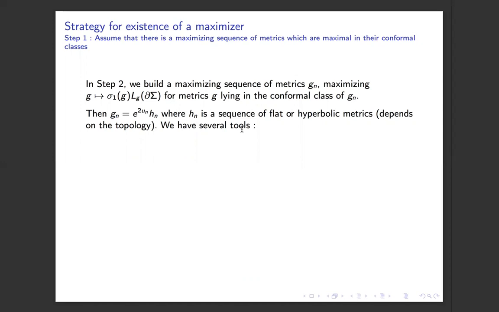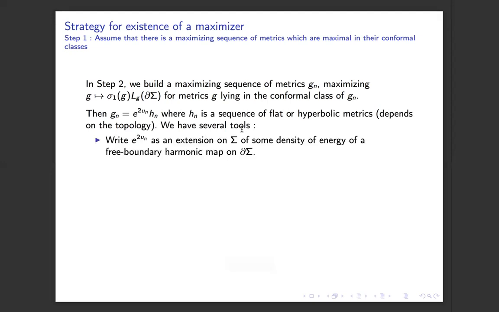And we have several tools when we have this kind of sequence. First, we notice that since the sequence of metrics are maximal for the conformal constraint problem, then you have a sequence of free boundary harmonic maps associated to the first Steklov eigenvalue. Therefore, e to the 2un is connected to the map, the free boundary harmonic map.